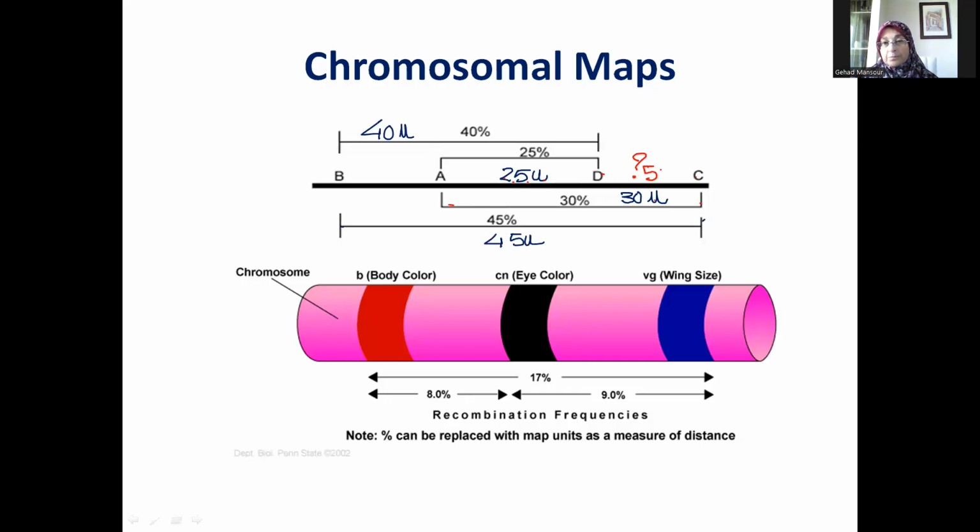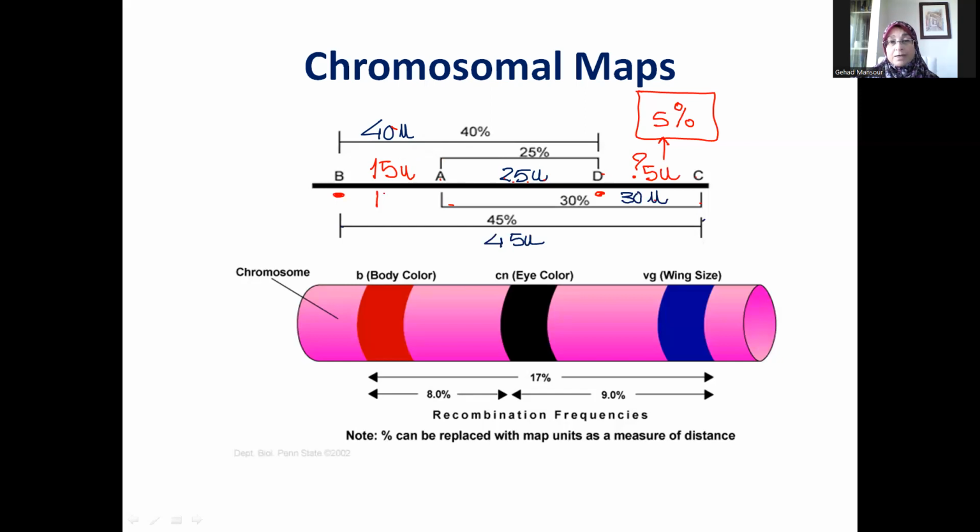Then here you have 5 centimorgans or map units, and this indicates that the frequency of crossing over is 5%. On the other hand, if we have the distance between B and D being 40 units, and that between A and D is 25 units, then the distance here would be 15 units, which is the difference between 40 and 25.